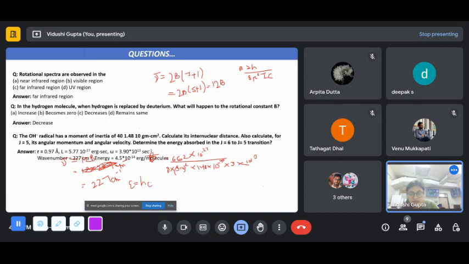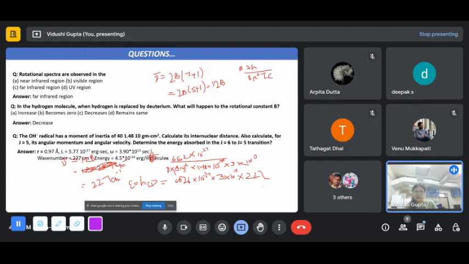Hc mu, but now it's wave number mu bar, then 6.626 into 10 minus 27 into 3 into 10 raised to 10 into the wave number 227.